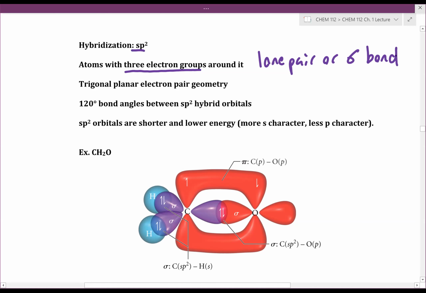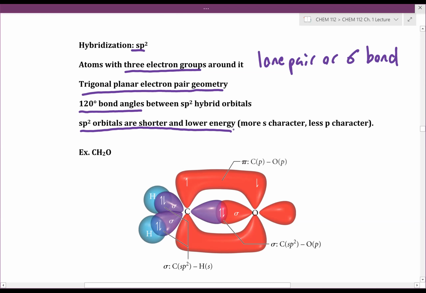Okay, the sp2 hybridization corresponds to the trigonal planar electron pair geometry. And the key feature of the trigonal planar electron pair geometry is that we have 120-degree bond angles. So again, we have a relationship between molecular shape, molecular geometry, and hybridization. Also, sp2 orbitals are shorter and lower in energy.